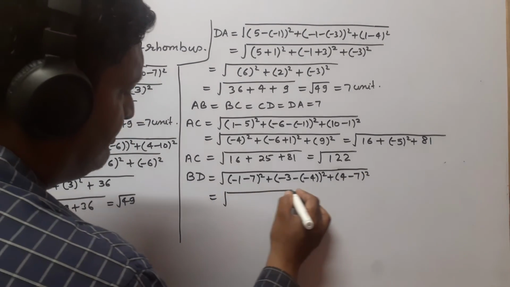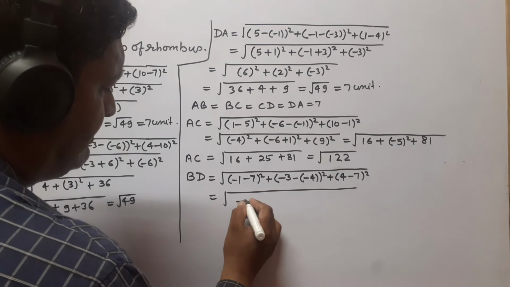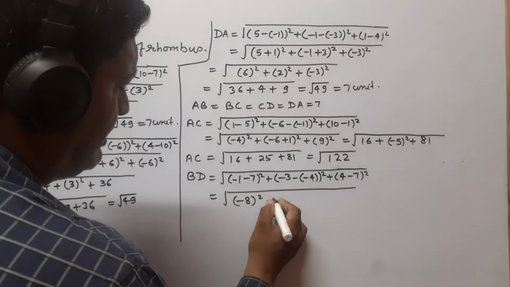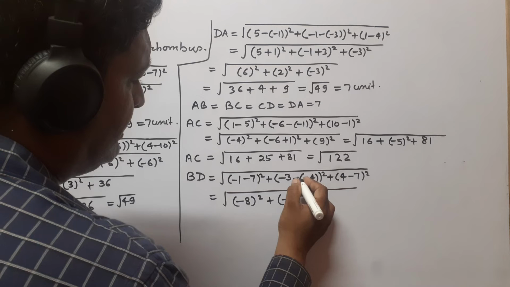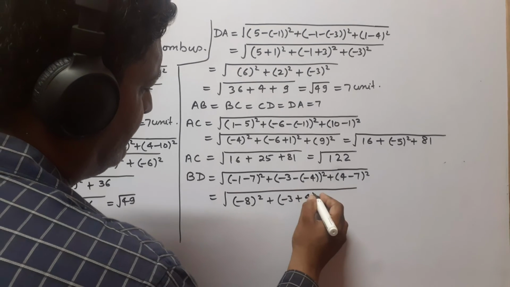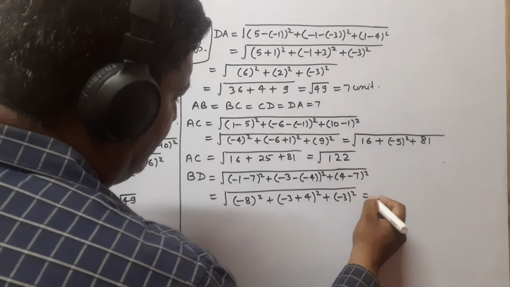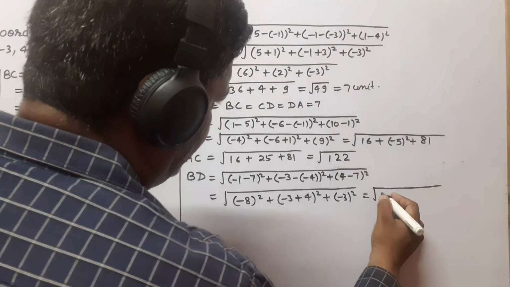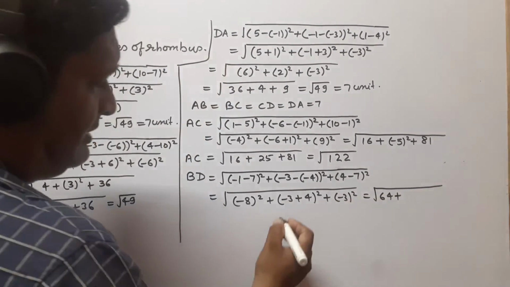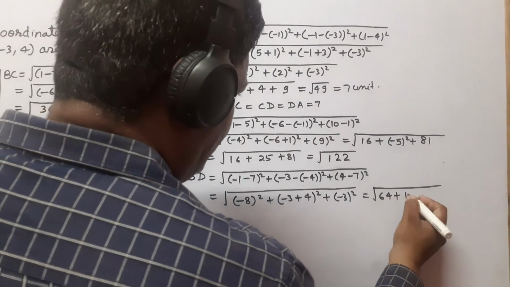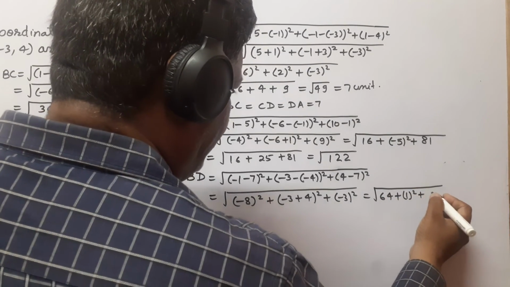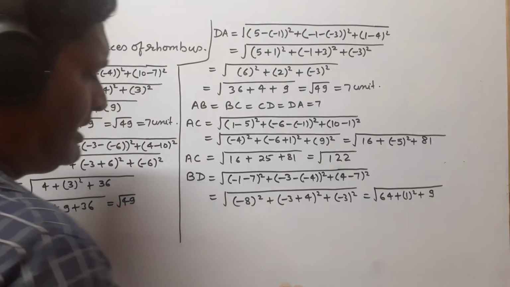Now minus 1 and minus 7 gives minus 8 whole square, plus this is minus 3, and minus multiplied by minus gives plus 4, minus 7, this is minus 3. Now minus 8 square, this is 64, plus here minus 3 plus 4, this is 1. So 1 square is 1 and minus 3 square is 9 here.